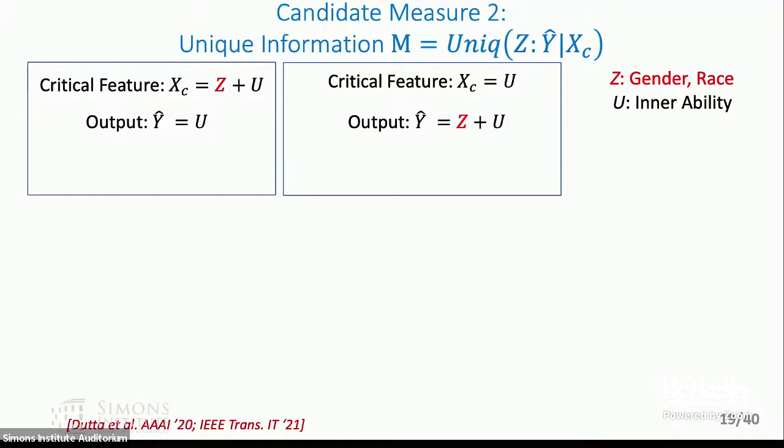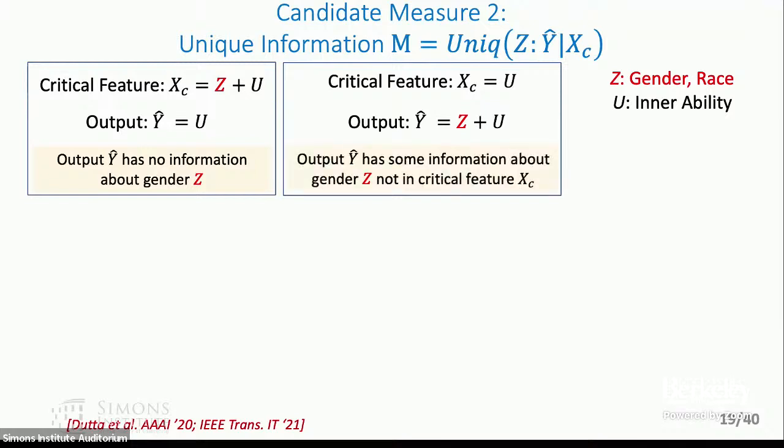For the example on the left, XC is Z plus U and the output is just U. So here the output Y hat doesn't have any information about the sensitive attribute Z. So this is a case where the output is also causally fair because it doesn't depend on Z. But for the example on the right, the output Y hat has some information about this gender Z that is not present in this critical feature U, because the XC is just U and Y hat is Z plus U here.